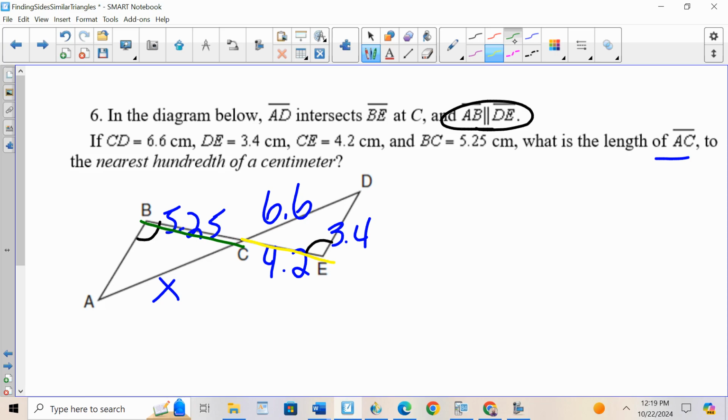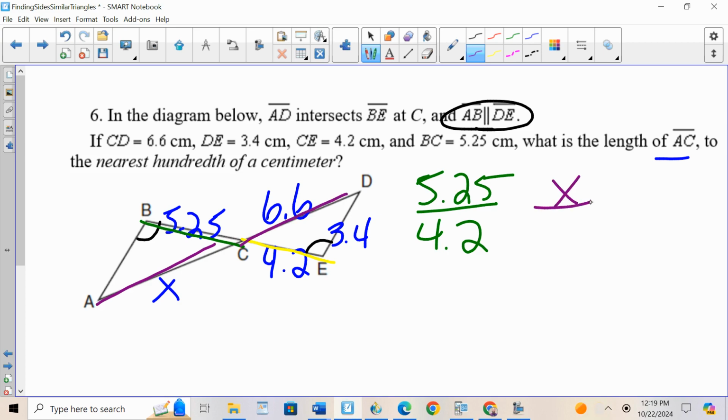So when I put my corresponding sides on top of each other, 5.25 is going to go over 4.2. And then my other pair of corresponding sides, X, is going to go over 6.6. In this case, I don't have the side that corresponds with DE, so I'm not going to use that piece of information. I put an equals between them. That's how I create my proportion.